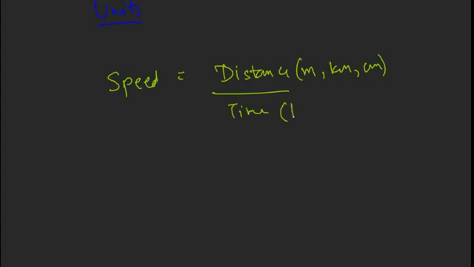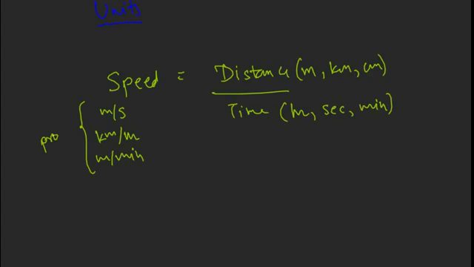Time is in hours or seconds or minutes, and accordingly speed can be in meter per second, kilometer per hour, or meter per minute. It can be a combination of any of these units, but these are the most probably used units.